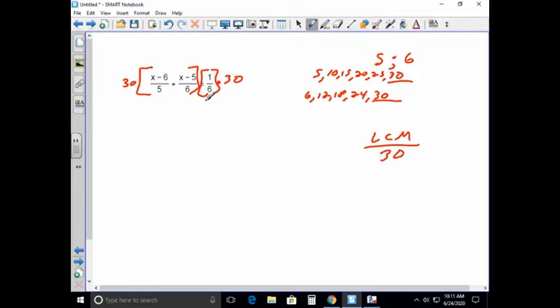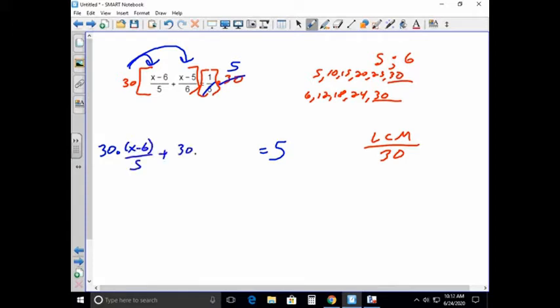So if we multiply the right side by 30, the 6 on the bottom goes into the 30 on top 5 times. 1 times 5 is 5. On the other side, we have two terms, so we have to multiply each of those by 30. So we're going to do 30 times x minus 6 over 5.